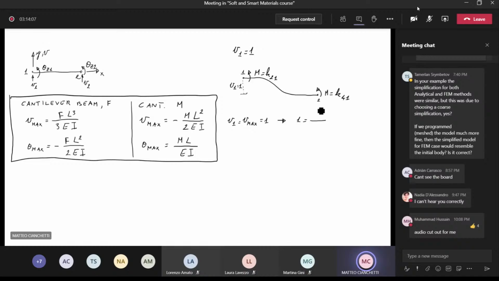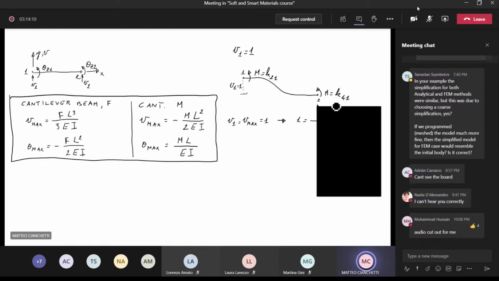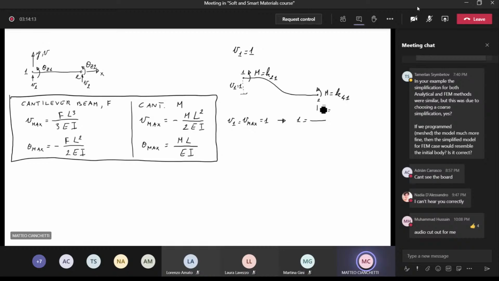And then there are all the forces, K31 and the other force, K11. So in doing this, we said that activating V1 equal to 1, we are also setting that the maximum displacement on V, so the deflection of the cantilever beam, is equal to 1, meaning that the contribution of the force and of the moment, the sum of them, should be equal to 1.